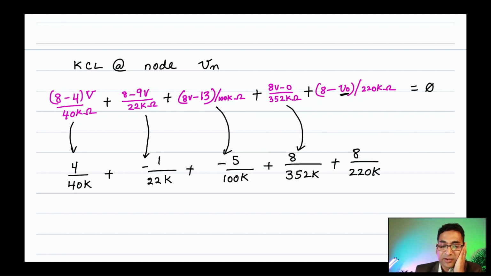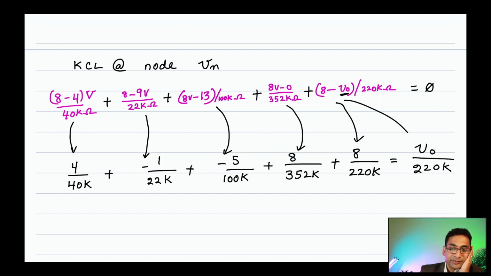Now take this Vo over 220k to the other side. You have Vo by 220k. You see, it's pretty straightforward. Now I'm going to clean this up.